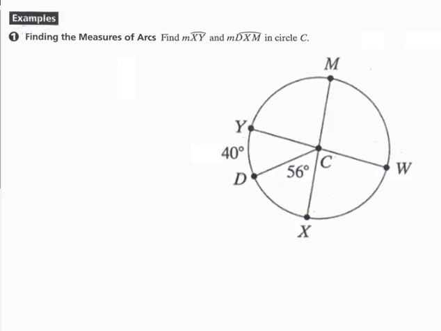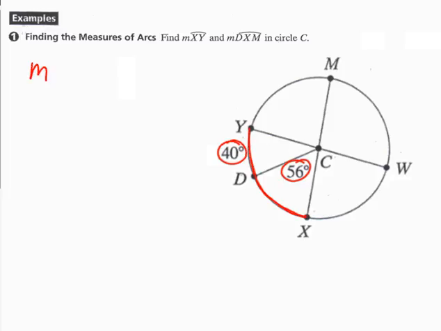Okay, so we're going to find the measures of arcs. Finding the measure of arc XY. So find the measure of arc XY. XY is this one right here. And so we need the measurement, so we're going to take 40 plus 56, and that's going to be the measure of arc XY.